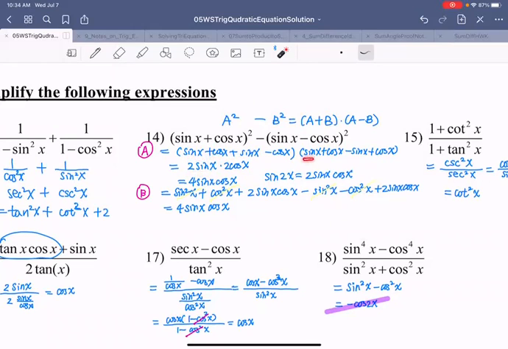In A minus B, sine x cancels, and cosine x times 2 is left. This becomes 2 times 2, which is 4, times sine x times cosine x.